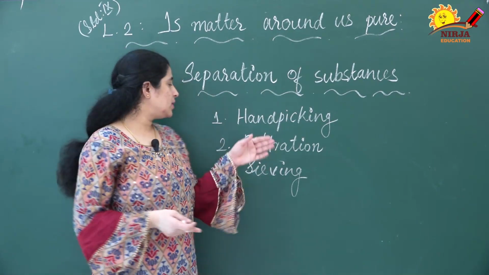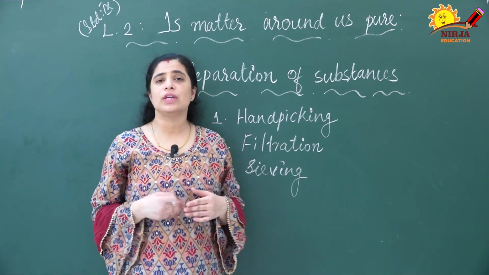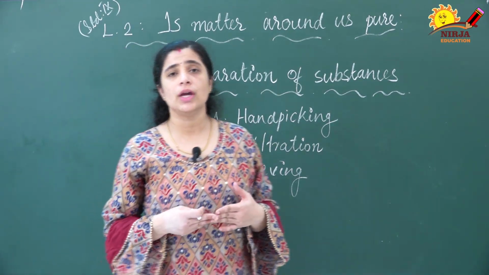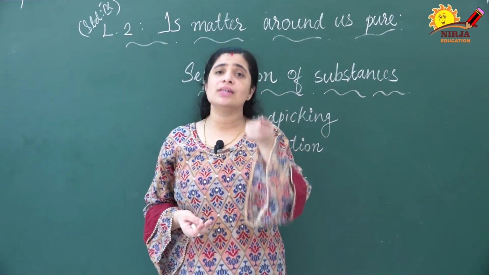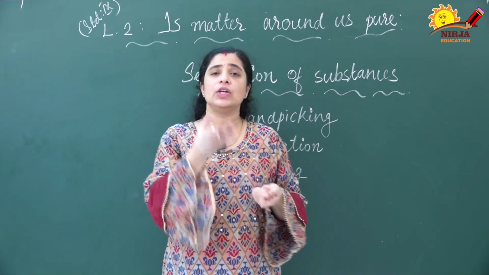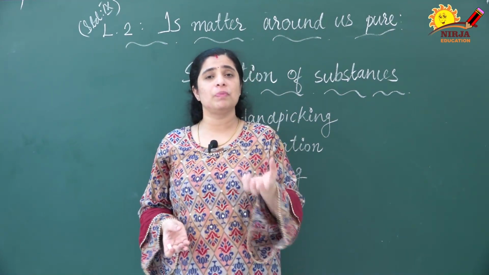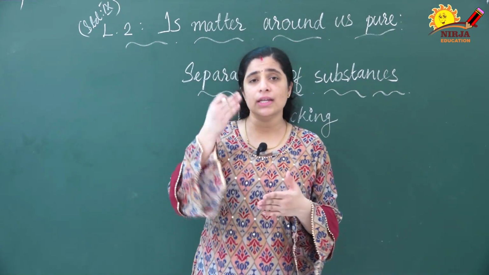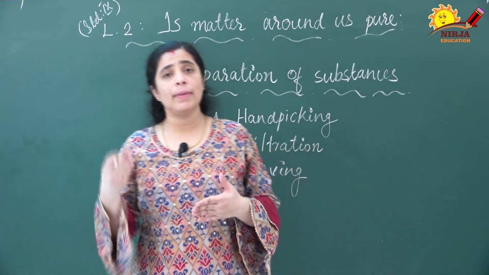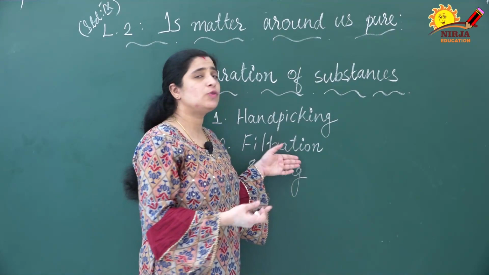The second method is filtration. When we are making tea at home, to filter we use a strainer. That means we are separating the liquid part from the insoluble solid part. So to separate an insoluble solid from a liquid, you can use filtration. How do we do this filtration?